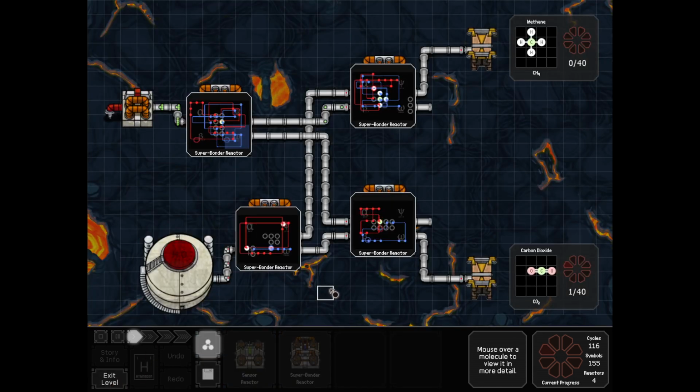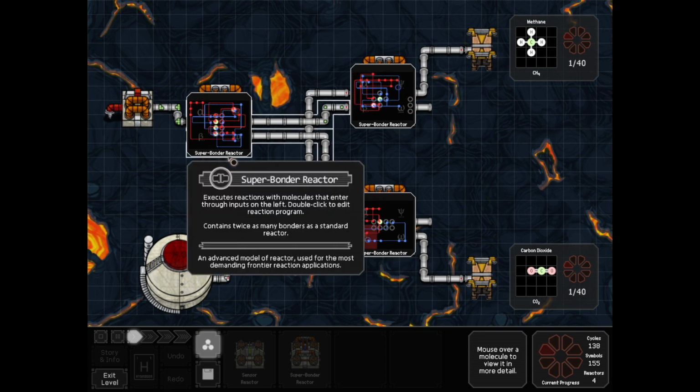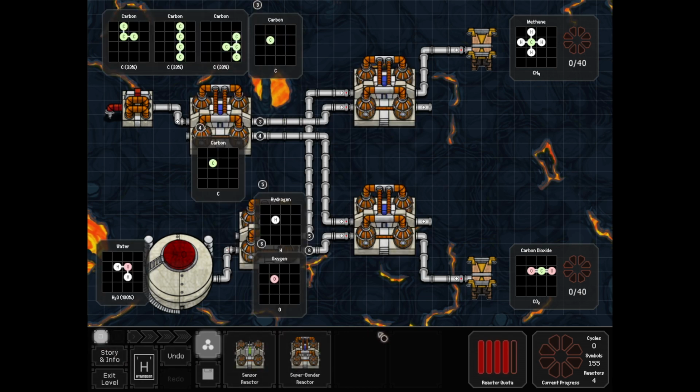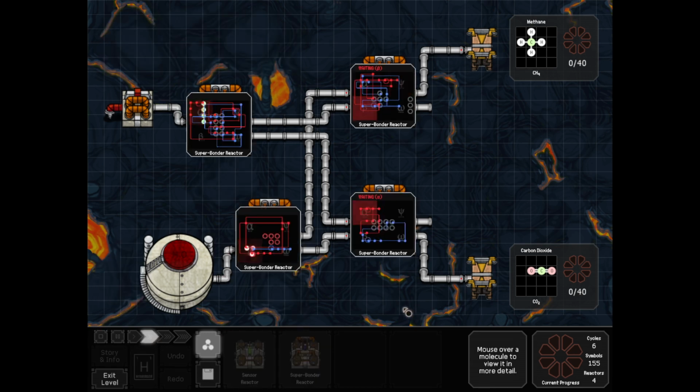And if I check the reactor... Yeah. So really this is kind of the limiting factor. Alright. So let's test the solution and see if something goes wrong. Individually, all 4 reactors work.